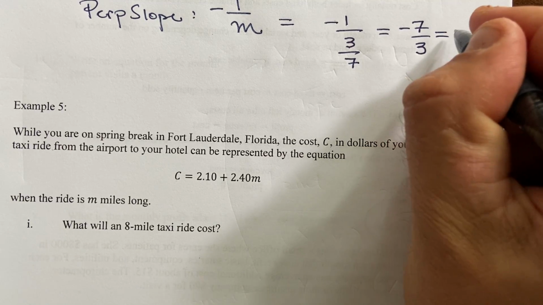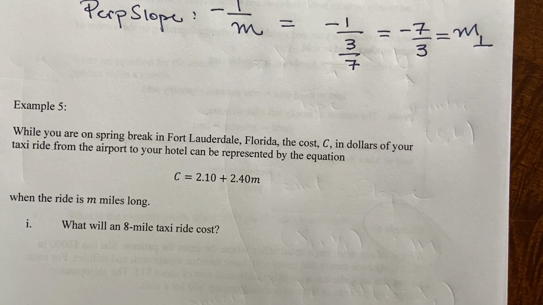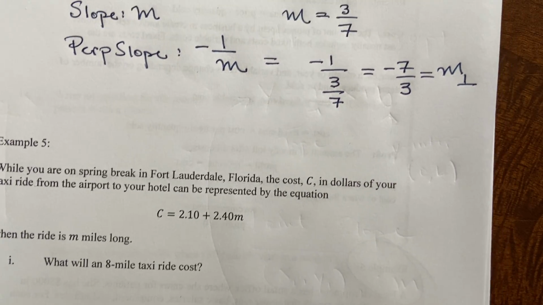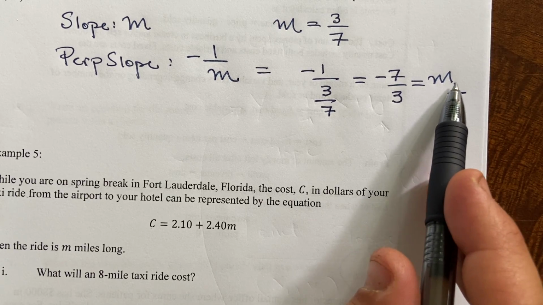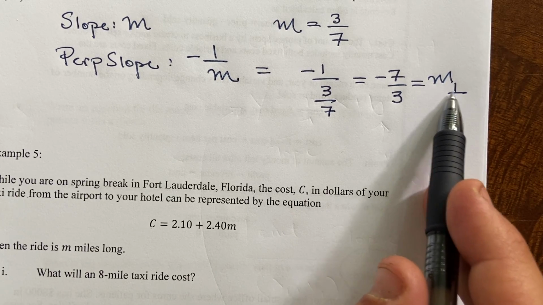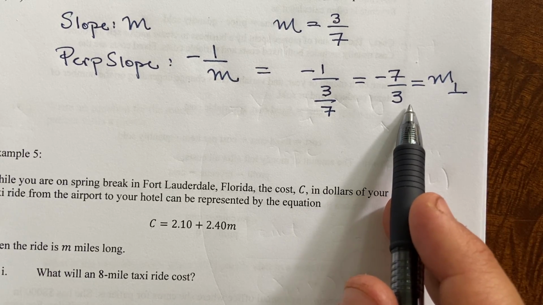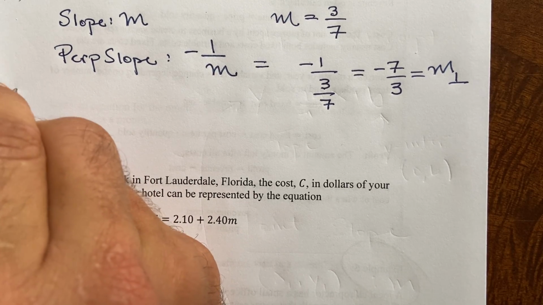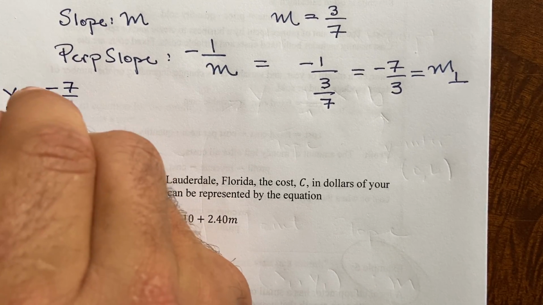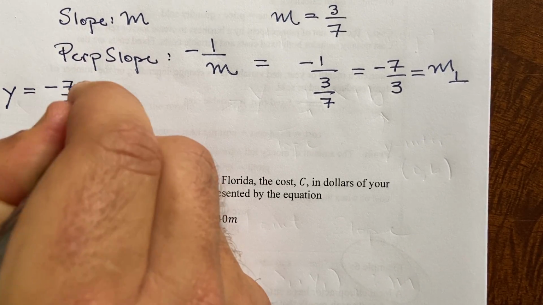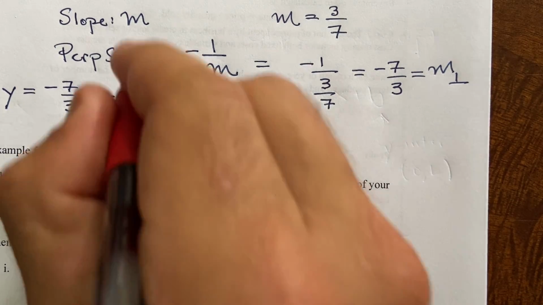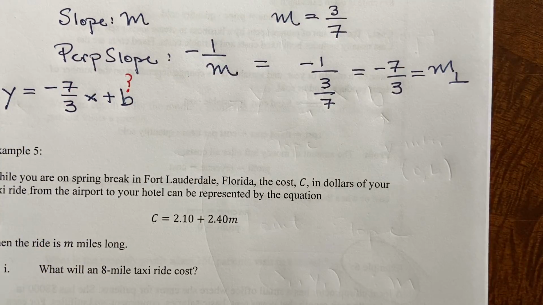So this is our slope, our perpendicular slope. Sometimes we use that notation, this little subscript saying slope perpendicular. All right, so right now I know y equals -7/3 x plus b, where b is again, as of right now, an unknown y-intercept.